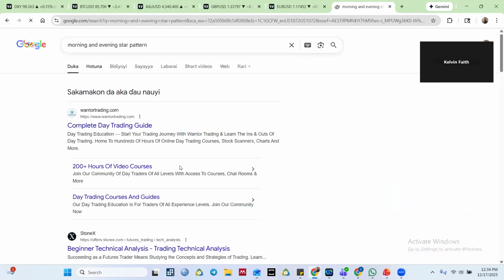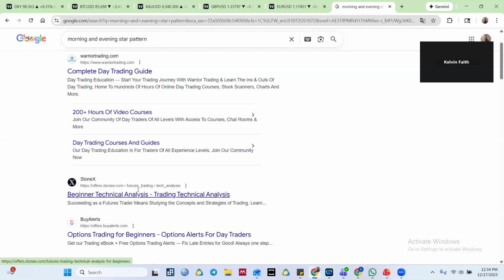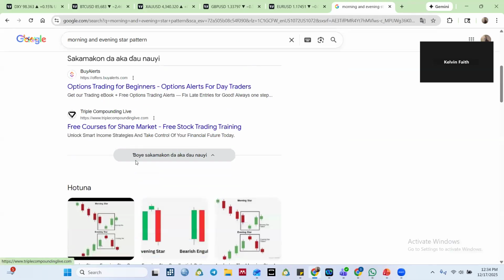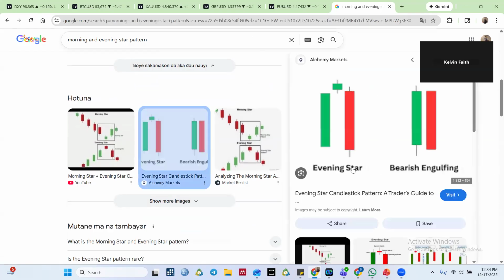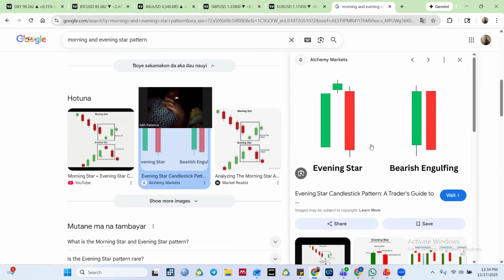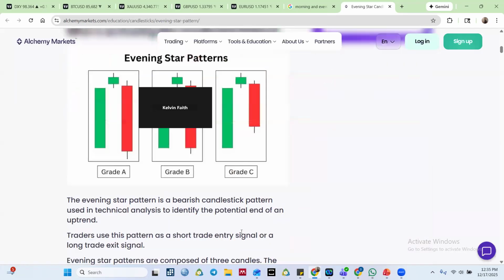Morning star, evening star pattern. So what is it? It looks like evening star is when you have three candle patterns, and this could be similar to the engulfings.